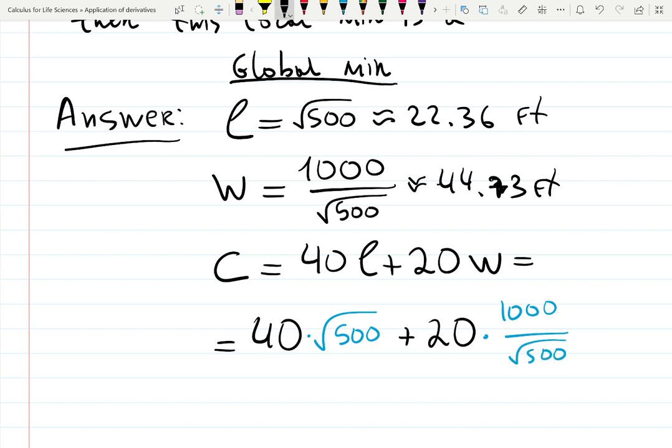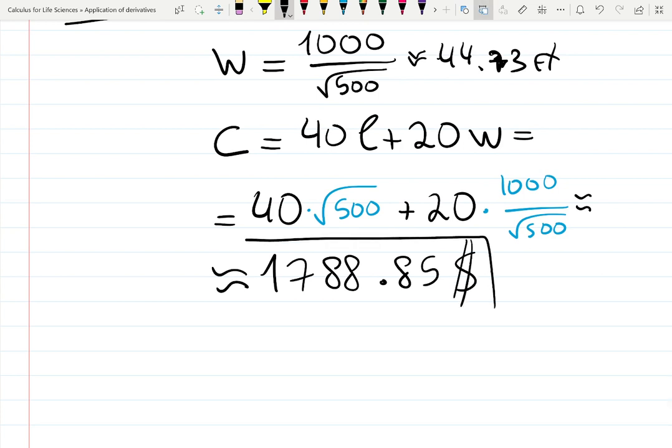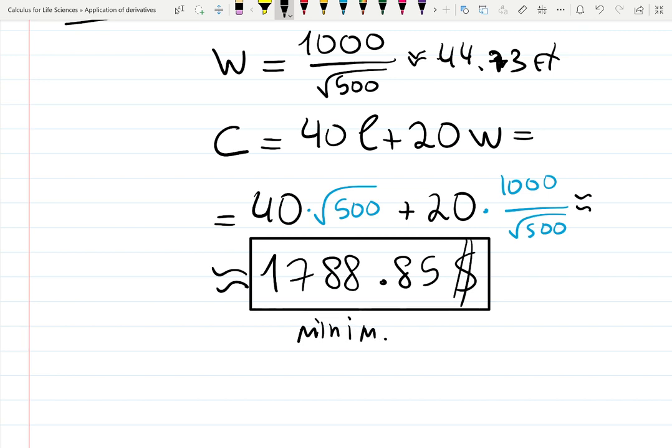That's the exact answer, which is approximately $1,788.85. That is the minimum cost with the given dimensions of the fence. To minimize the cost, this is the minimal cost.